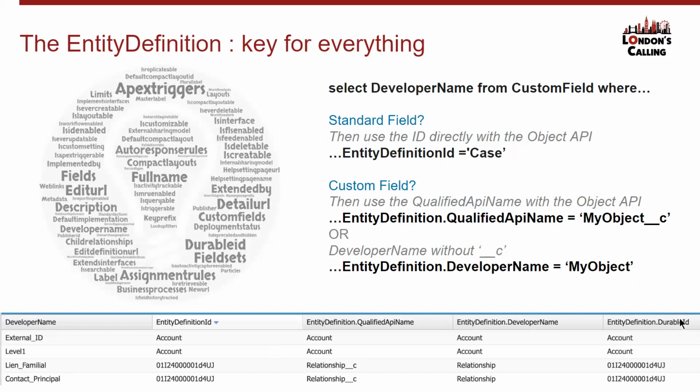So if you want to work with the real ID of a custom or standard object with entity definitions, it's either the entity definition ID or the EntityDefinition.DurableId. It's the only way you can access the ID of your custom object or standard object. It's just a tricky part within Salesforce.